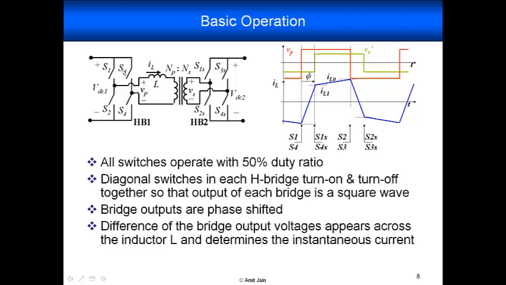Now the square wave produced at the primary and the secondary are phase shifted by angle phi, and that's easily achieved by simply phase shifting the turn on for S1 and S1S by the same phase angle phi.